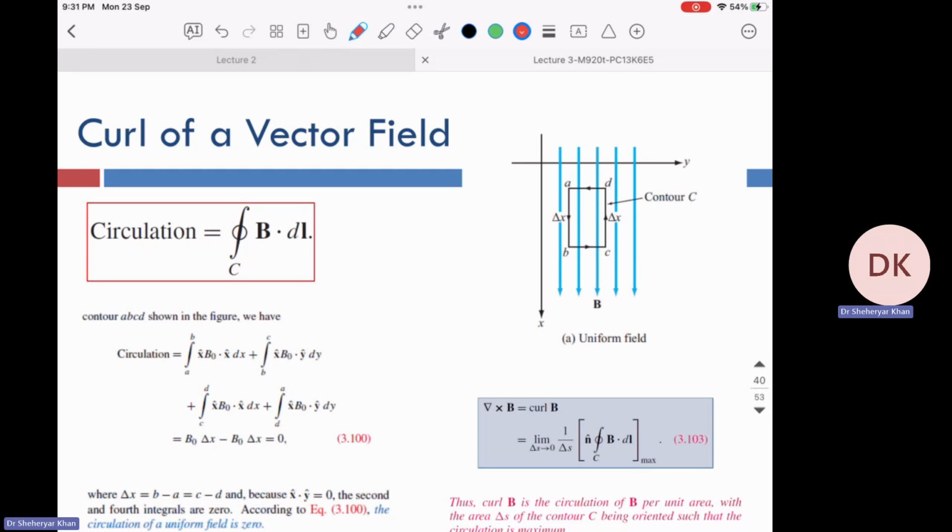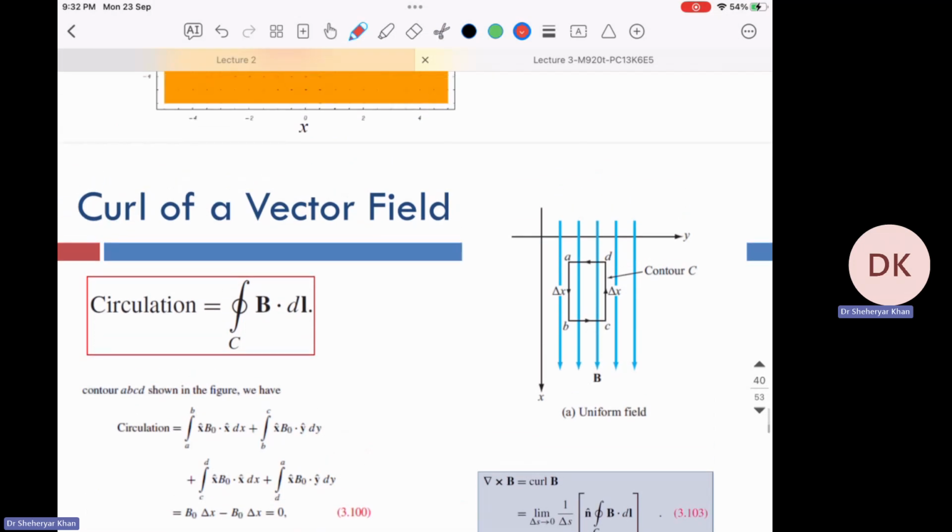Now, what are the quantities B, dL? And you need to put all those formulas into distance. Consider A to B. B is going in the X direction, B is along the X direction, right?